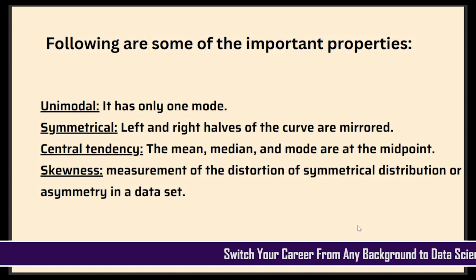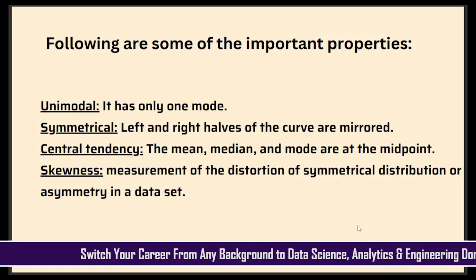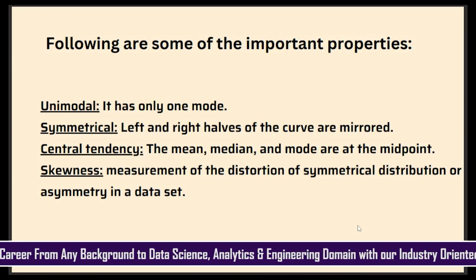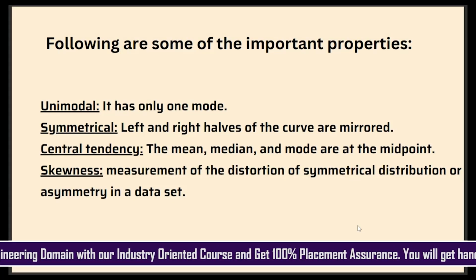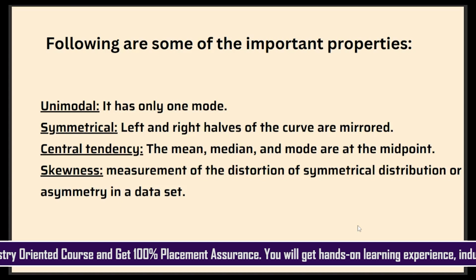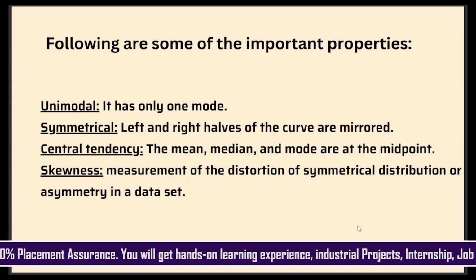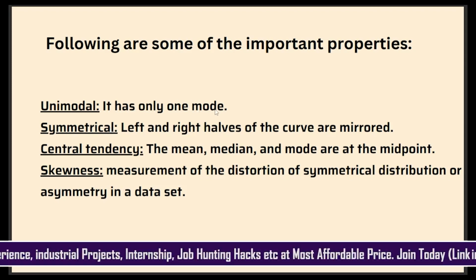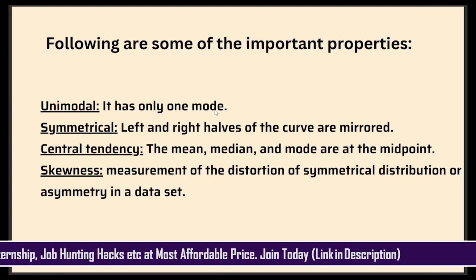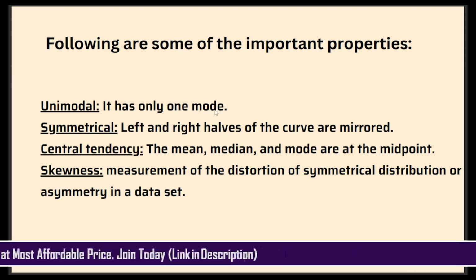Now moving ahead with the properties of the normal distribution. The first property is that a normal distribution is unimodal, which means it has only one mode. And the second one is symmetrical. Mode is the data point which occurs most frequently.